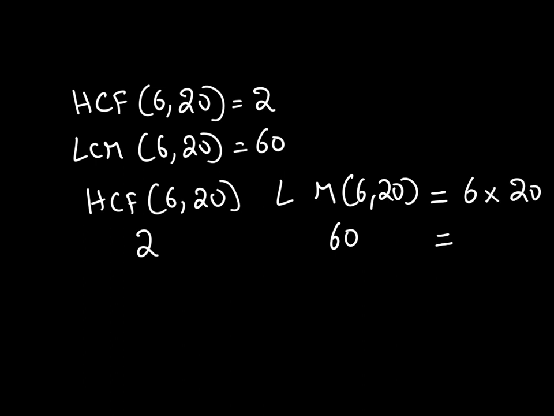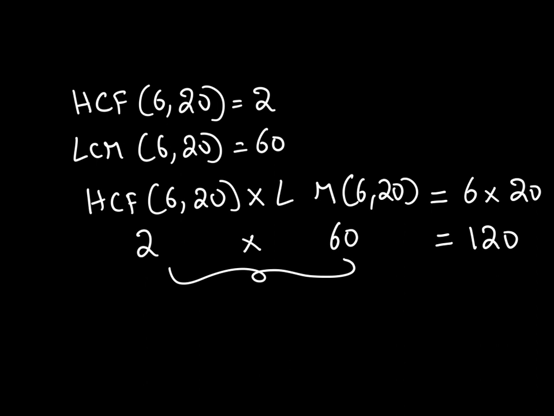Now, do you observe one thing? Whenever the HCF and LCM are multiplied, we get the product as equal to the product of the given two numbers. So 6 times 20 is 120, and the HCF is 2 and LCM is 60. Multiply them, you get 120.